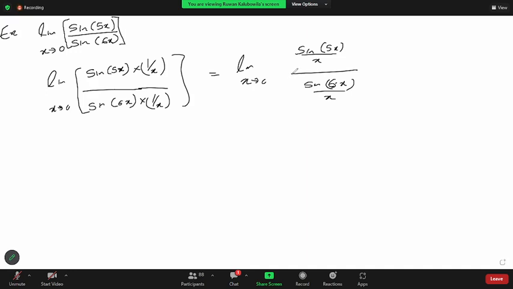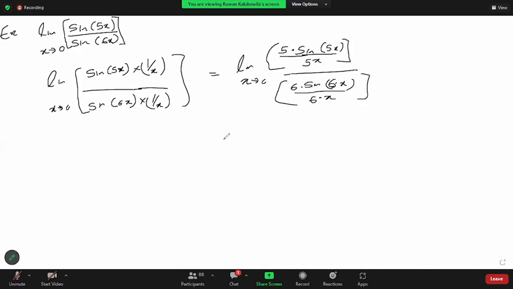Okay, then what I need to do is set this term to match the inside of the sine function. So I can put 5 here, as well as put the 5 in the numerator also. Likewise, I can set 6 here and put another 6 to keep the function the same.